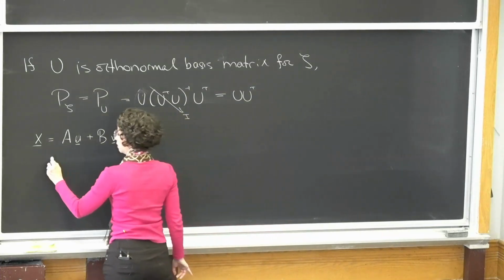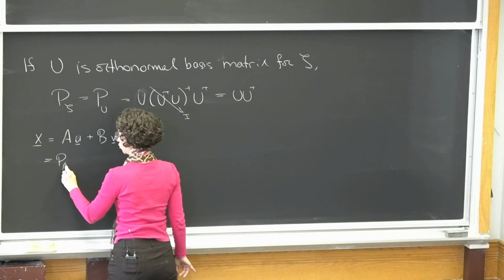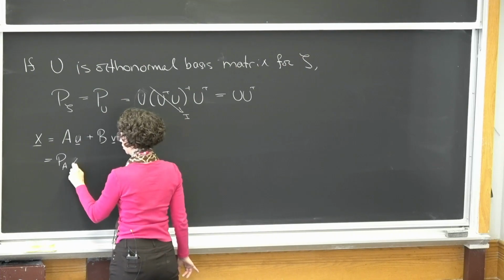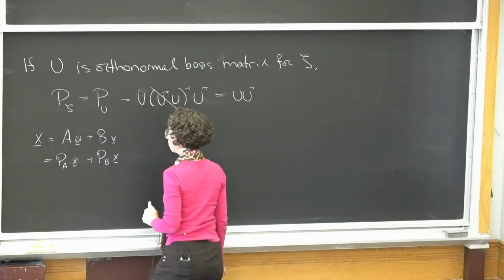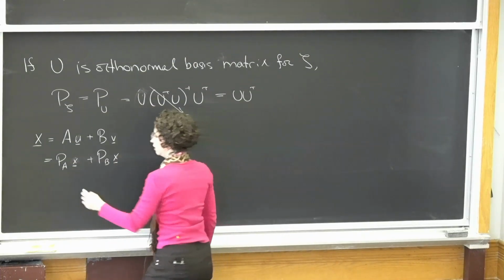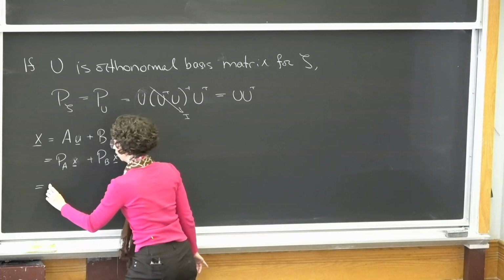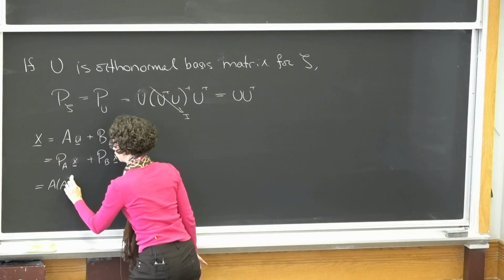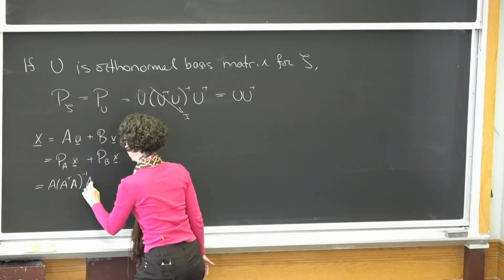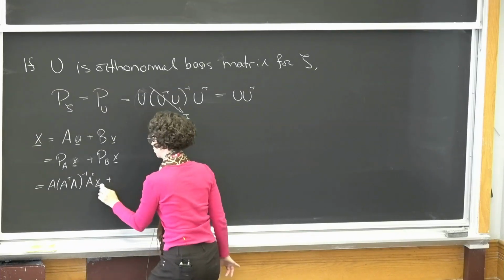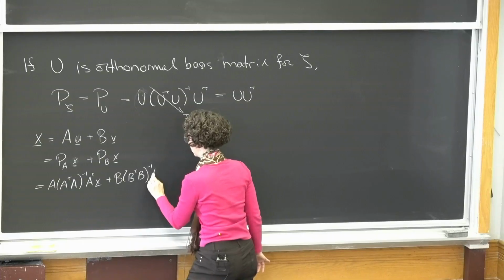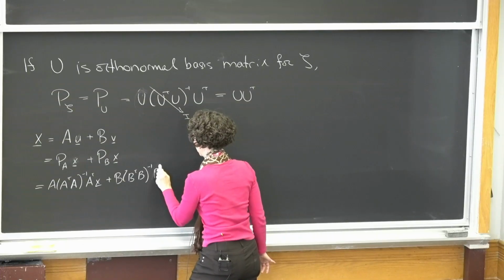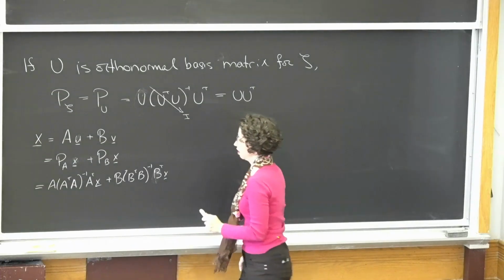In particular, this is the projection of x onto A plus the projection of x onto B. And this does have the form (A transpose A) inverse A transpose x plus (B transpose B) inverse B transpose x.